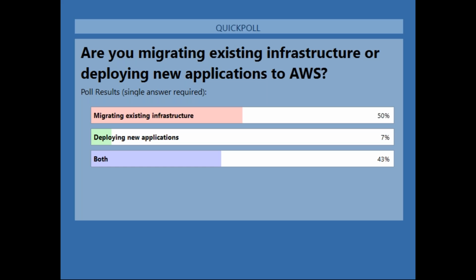In the past, most people that were deploying to Amazon were deploying new applications, but now we're seeing a lot of migrations of existing infrastructure. And so there is a tendency to do both, migrate and deploy. So this is ideal for us because we have two products, one that does lift and shift and another that does new deployments. Right. And so we can talk about that.